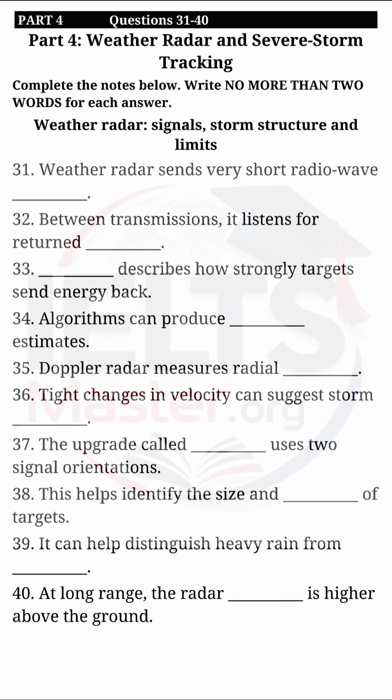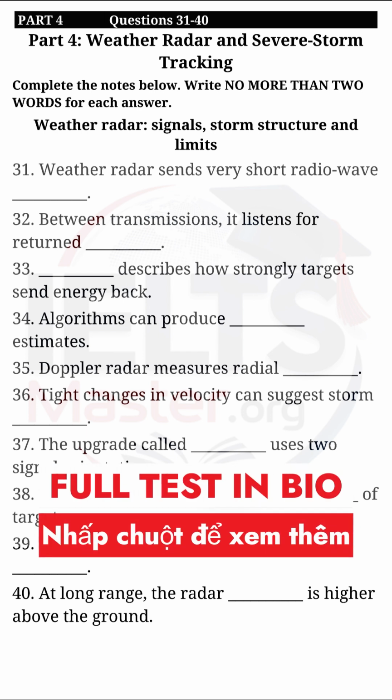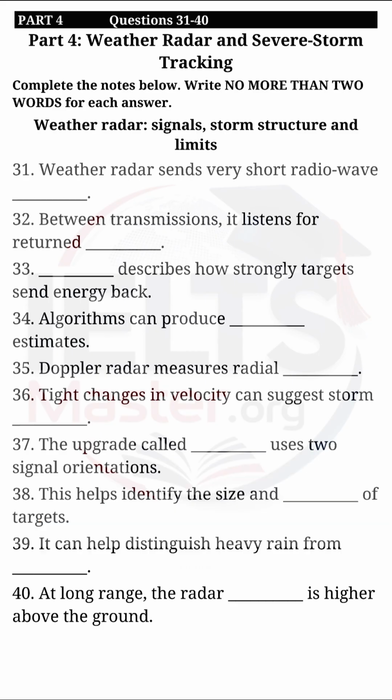Dual polarization is also useful for identifying non-weather targets, such as birds, insects, or smoke. Those returns can appear on radar screens, particularly during migration or near fires, so forecasters need tools that help separate meteorological signals from other objects in the air. This is also why training and local knowledge remain important.